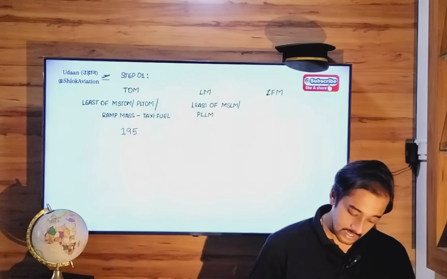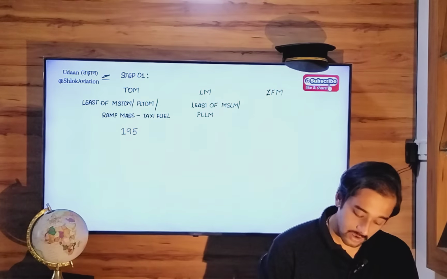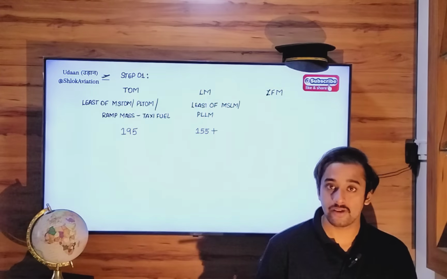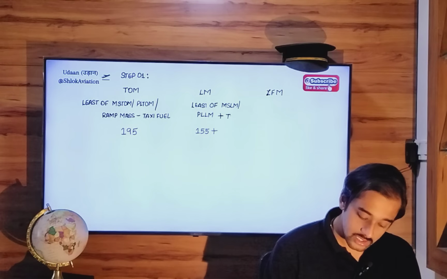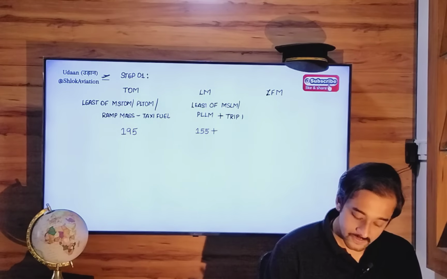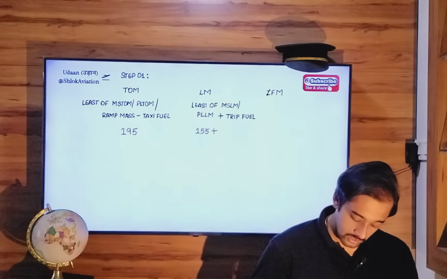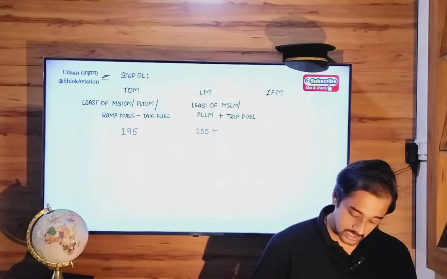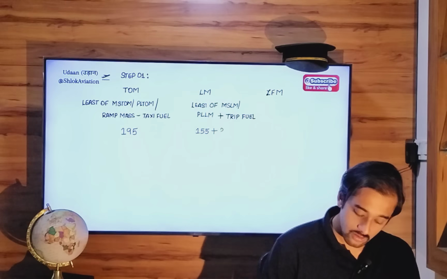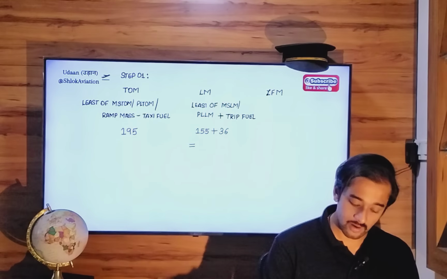So I'm going to select 155 and add trip fuel to this in order to get your takeoff mass plus trip fuel. So 155 plus trip fuel is 36,000. So 155 plus 36, which is equal to, we will find that out.